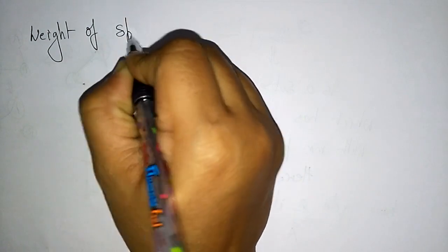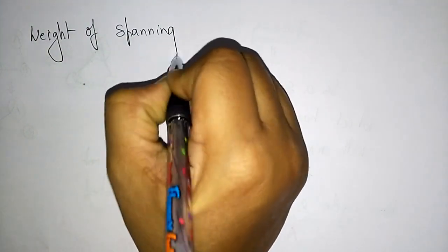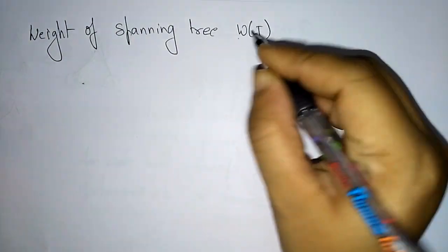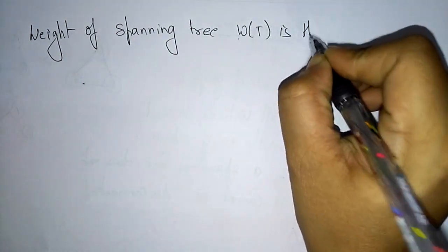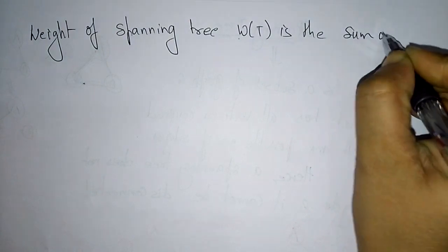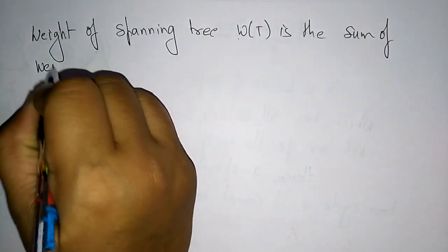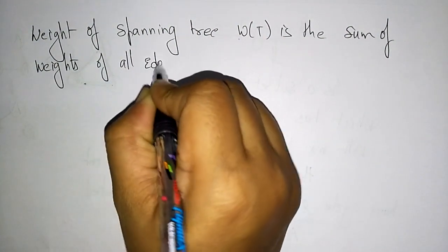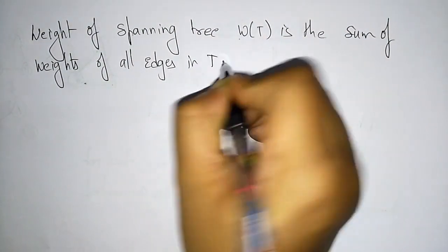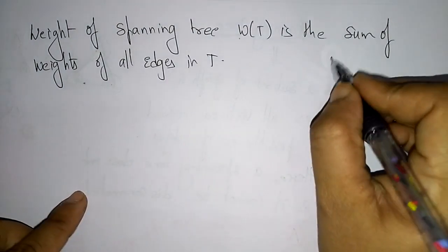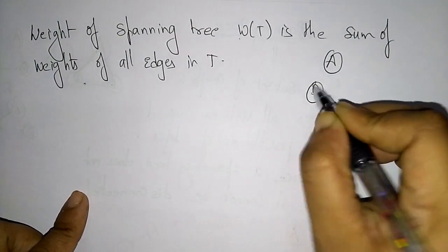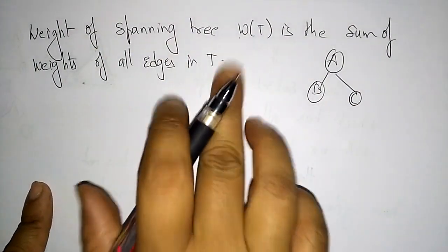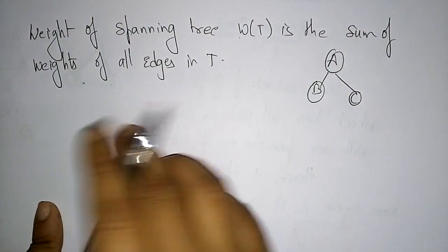The weight of a spanning tree, that is W of T, the weight of T, is the sum of the weights of all edges in the tree. Whatever tree is taken, the weight of a spanning tree is calculated as the sum of the weights of all edges.